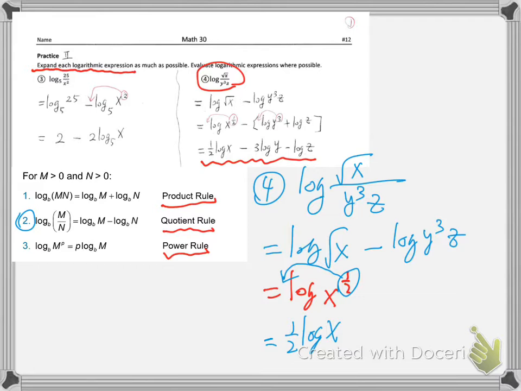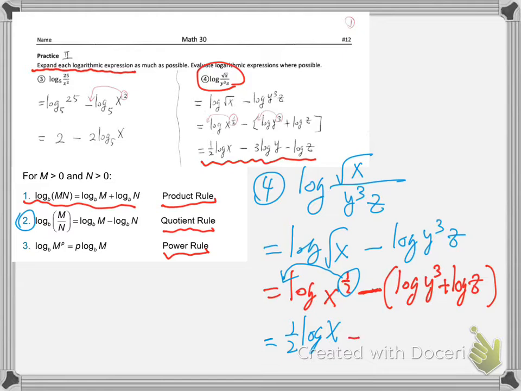So the second part is the multiplication. Log of y cubed times z. So we use the first rule, product rule. So log of m times n is log m plus log n, so it's addition. So we get the first part log y cubed plus the second part log z. And then this subtraction sign applies to the 2 terms in the parentheses.